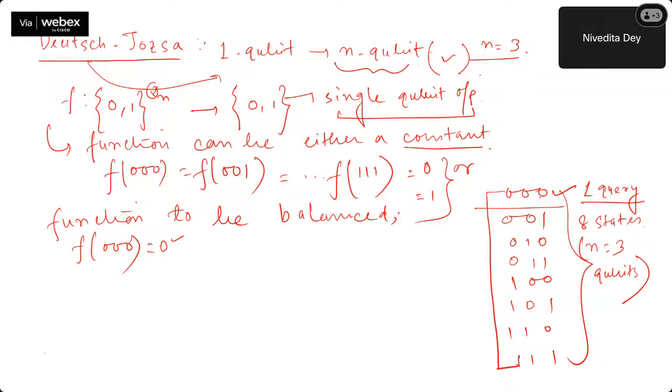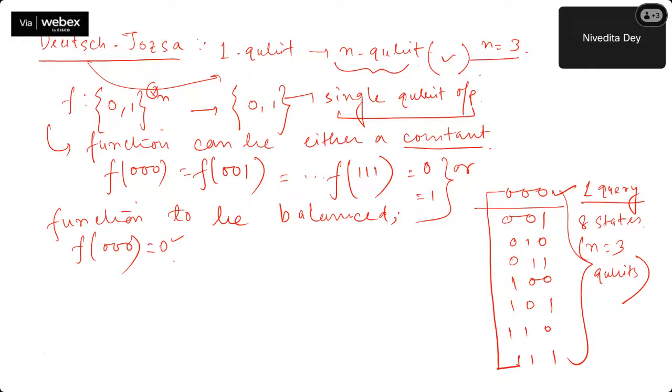Because the definition of balanced is that for half of the inputs I should get one value, and for the other half I should get the complement value. I cannot determine for which set of values I am getting 0, but the number of zeros and ones should be exactly equal. That was the definition of a balanced function.